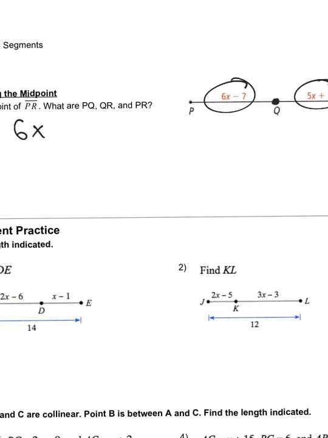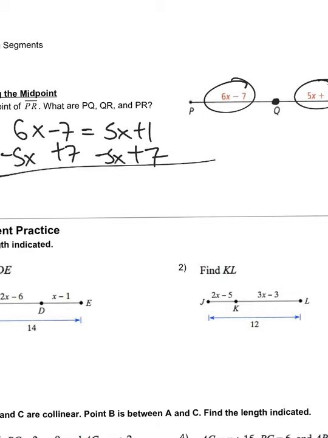So I'm going to write an equation: 6x minus 7 is equal to 5x plus 1. Now I'm going to add 7 to both sides and then subtract 5x from both sides. So here I have x is equal to 8.